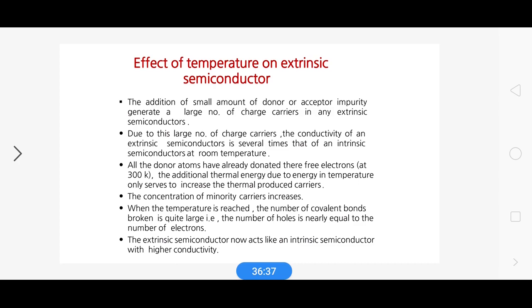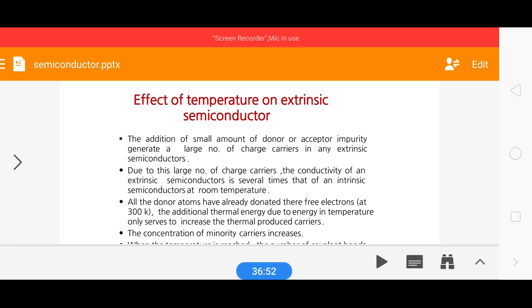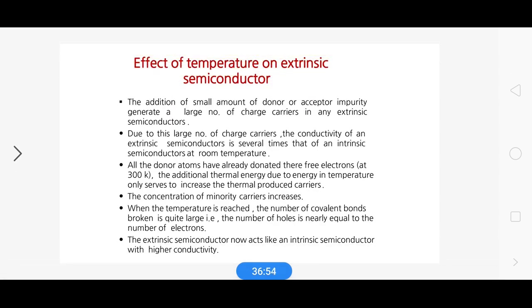All the donor atoms have already donated the free electrons. The additional thermal energy due to the increase in temperature only serves to increase the thermally produced charge carriers.